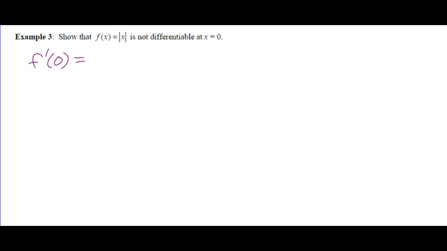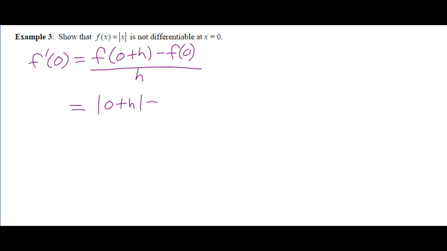So f prime at 0 is going to be f of 0 plus h minus f of 0 over h. All right, so f of 0 plus h would be the absolute value of 0 plus h minus the absolute value of 0 over h.